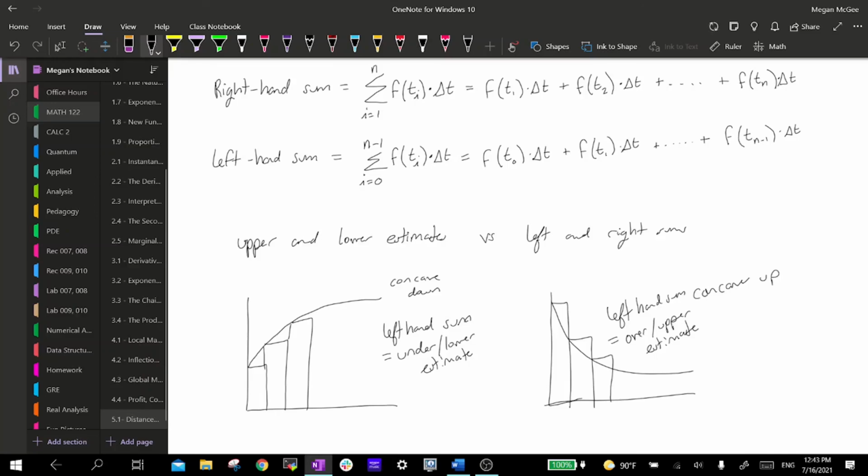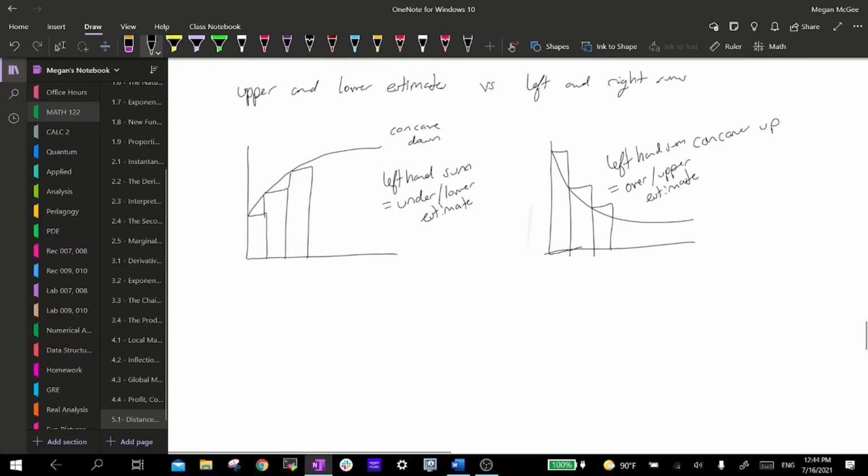And similar with the right-hand sums. So it's very important to notice that upper doesn't immediately correlate with the right-hand sum, and likewise for lower and left. So it's important to look at the function that you're dealing with on a graph to actually know which one's going to be the lower and which one's going to be the upper approximation.